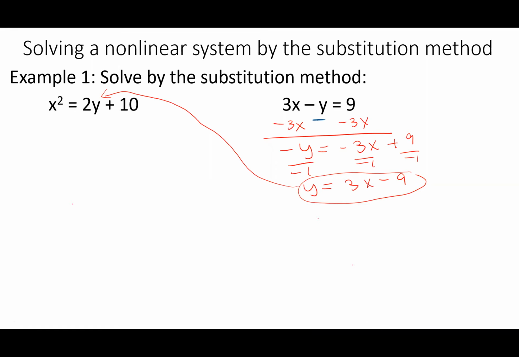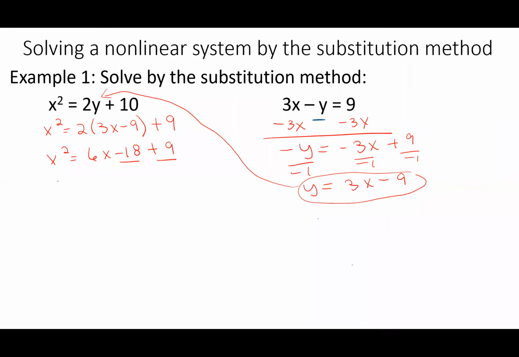So that gives me x squared equals 2, and in place of y, I'm putting 3x minus 9, plus 10. So distributing my 2, I get 6x minus 18.